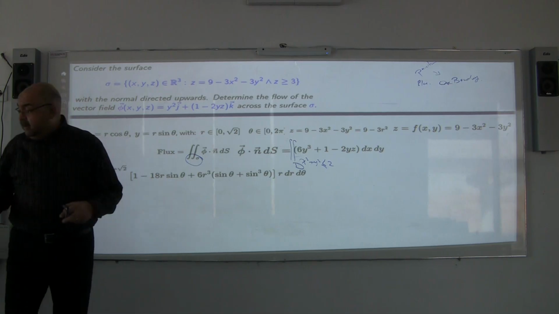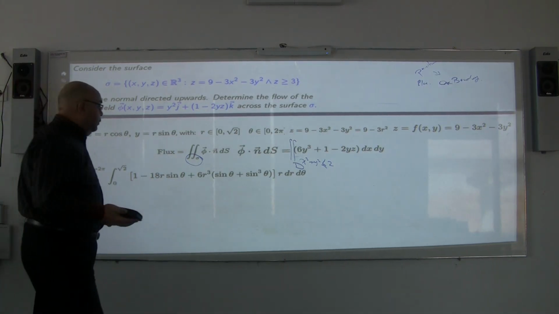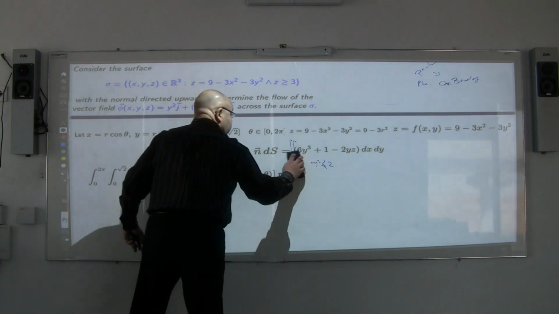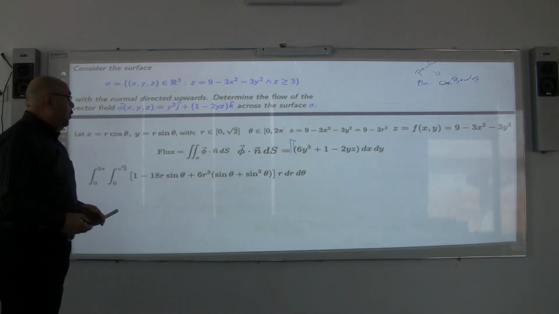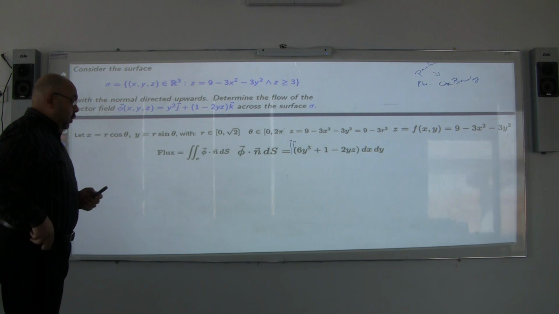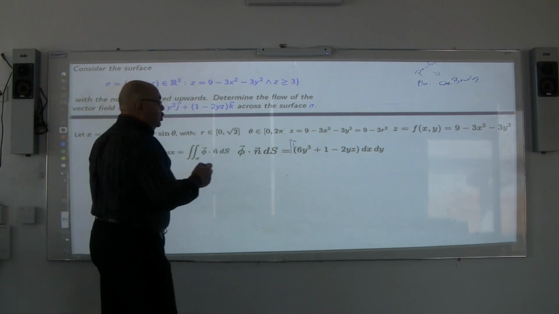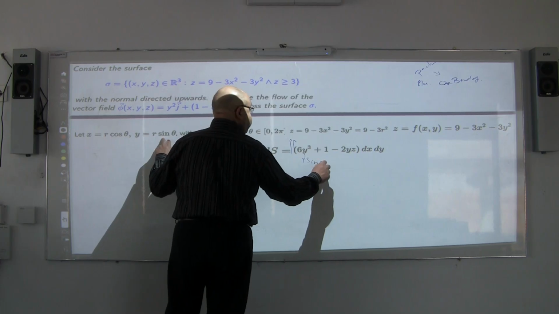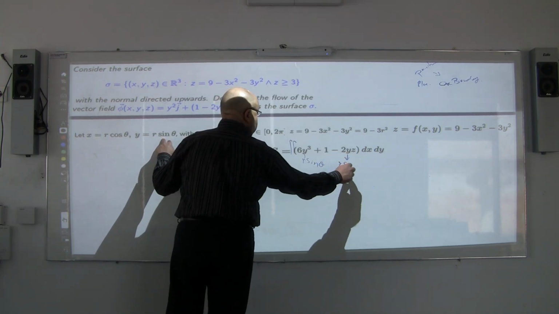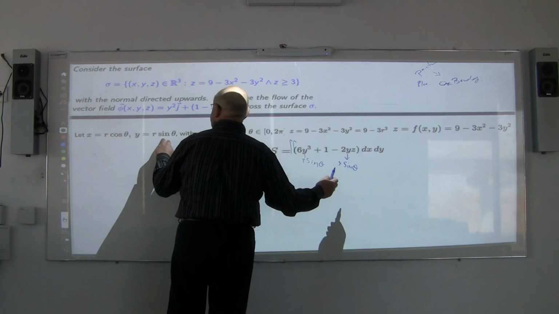Of course, the replacement is really very simple, because all I have to do now is replace every component. Step by step, I will change y with r sine theta, replacing y by r sine theta, as you can see.